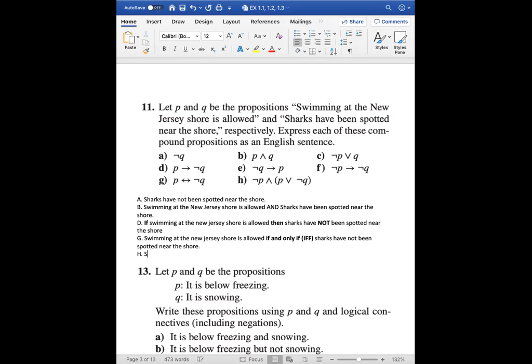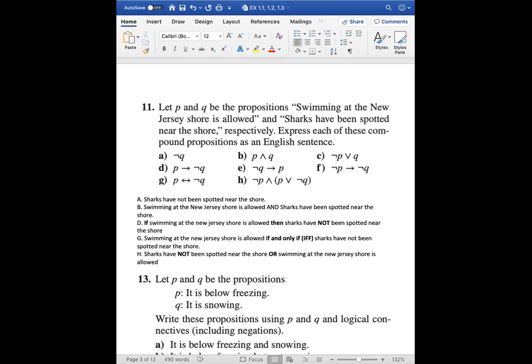So we have sharks have not been spotted near the shore, or I'll just highlight those words, or swimming at the New Jersey shore is allowed, and swimming at the New Jersey shore is not allowed.